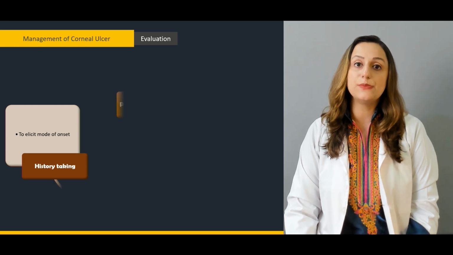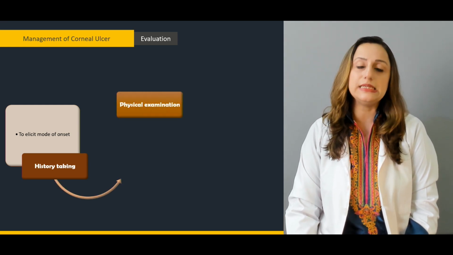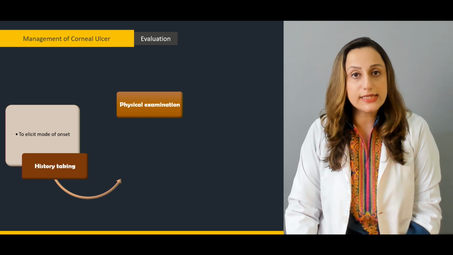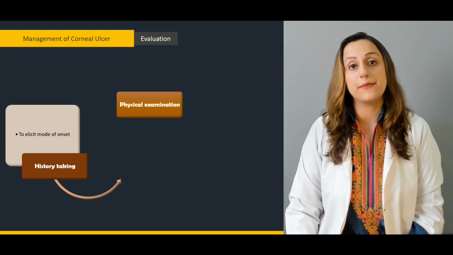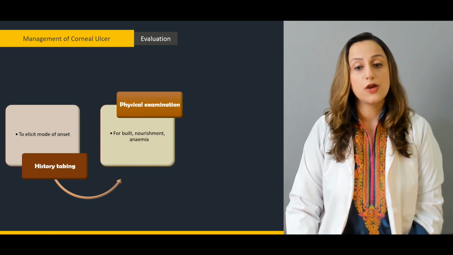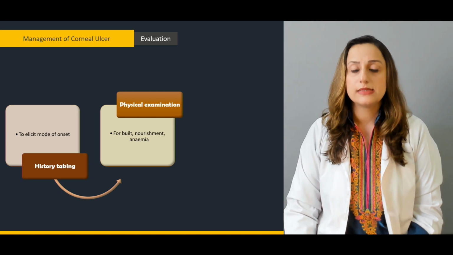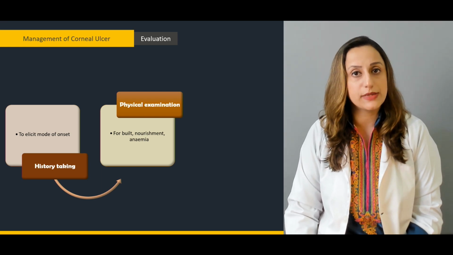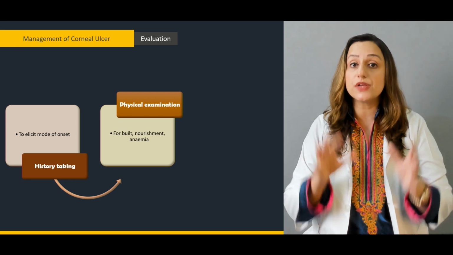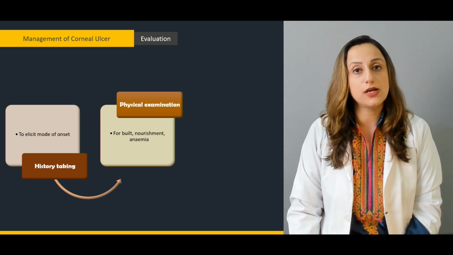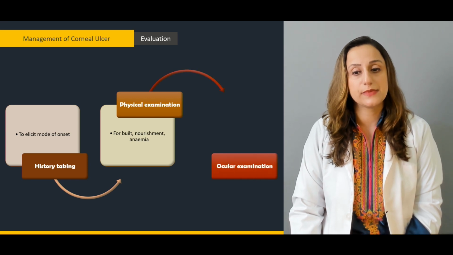To elicit the mode of onset, we have to take a deep history of the individual. Once you're done with the history, you'll physically examine the individual for the build, for the nourishment, or any sort of anemia, that is, decreased hemoglobin, because all of these factors are going to contribute towards the immunity of the individual as well.